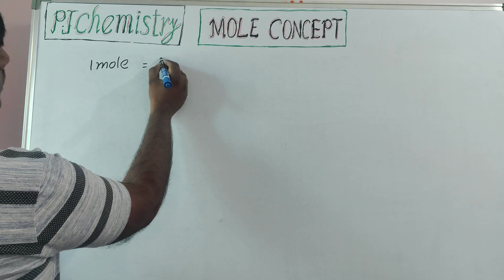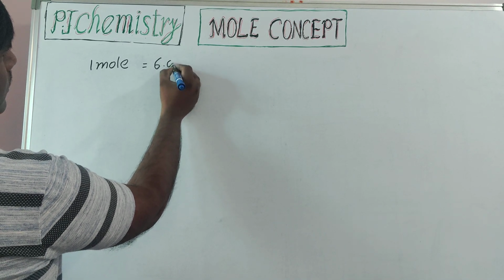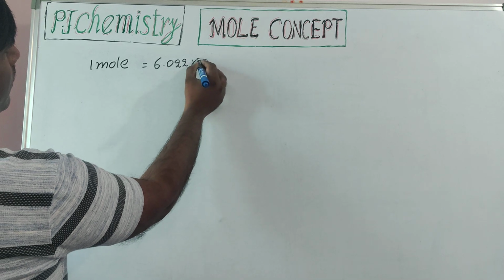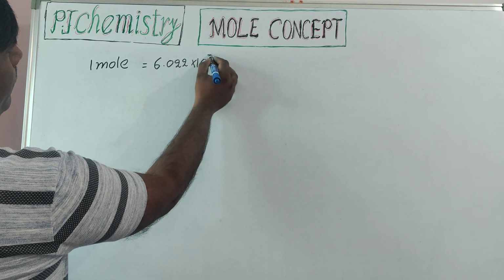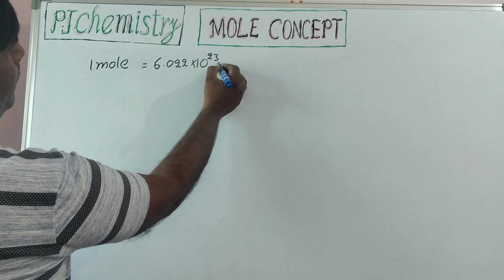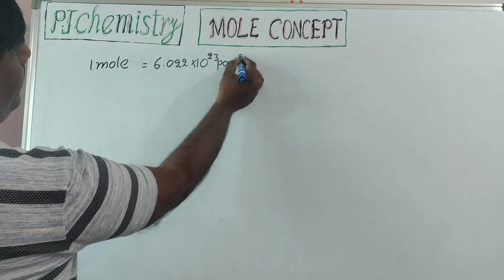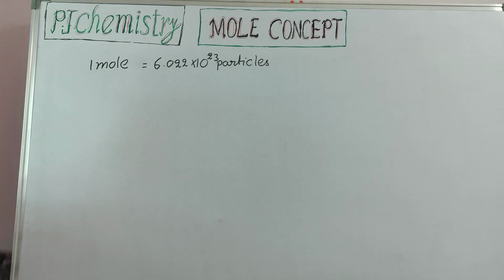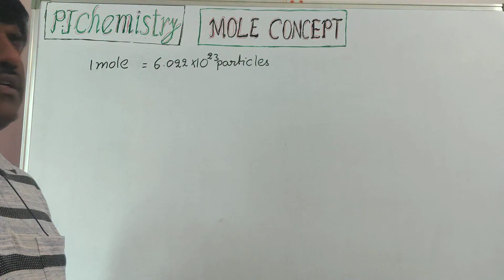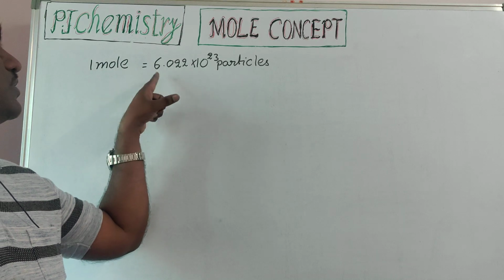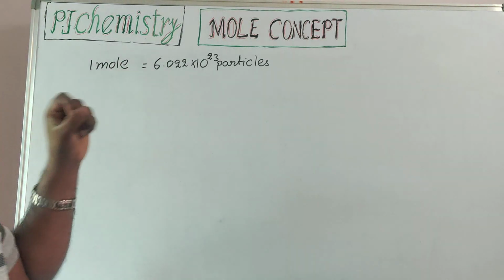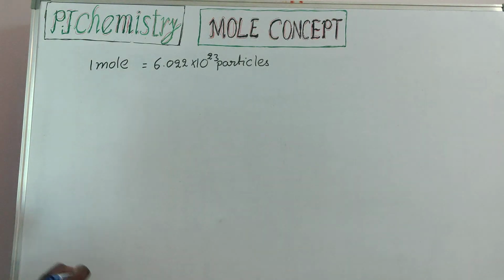We proved it: 6.022 into 10 to the power of 23 particles. Sometimes in some books the value 6.023 will be there. Nothing happened, no need to get confused there.